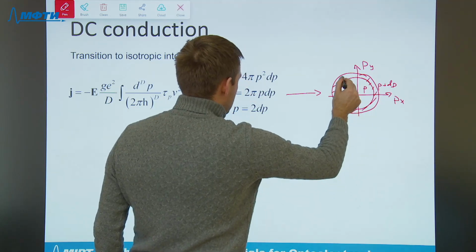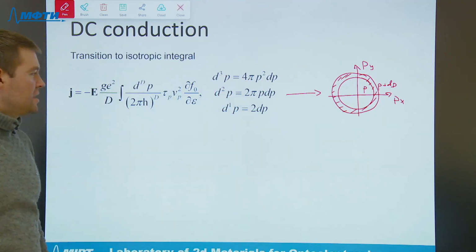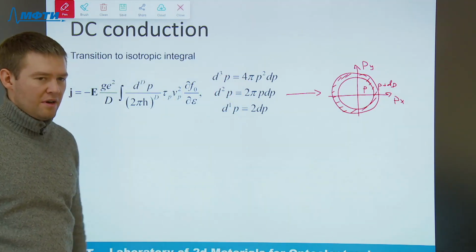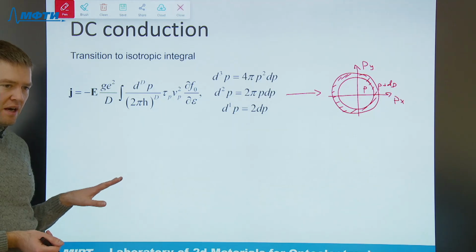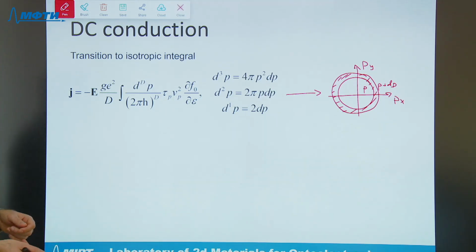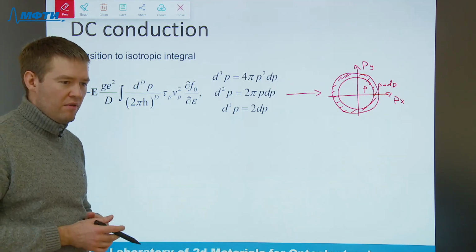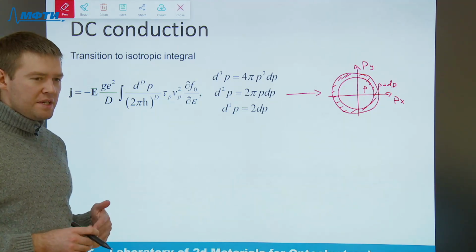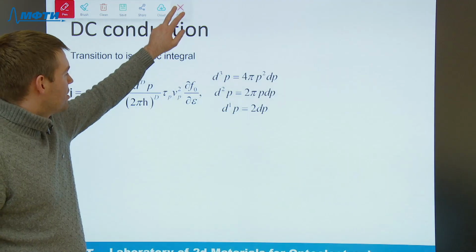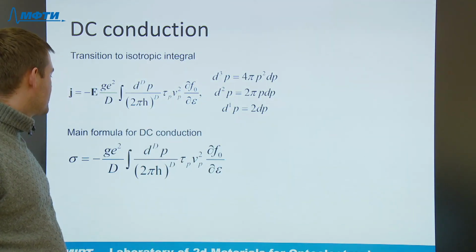And in 1 dimension, it is just 2 moduli of the momentum. There are 2 tricks how we can evaluate this type of integrals. It depends on whether we deal with degenerate semiconductor or non-degenerate semiconductor.